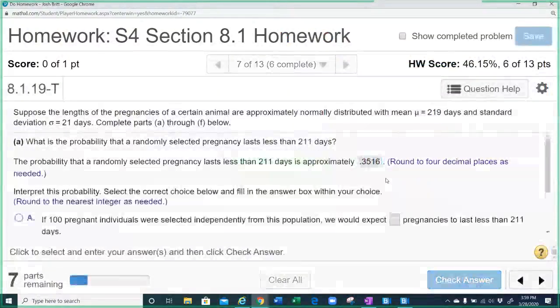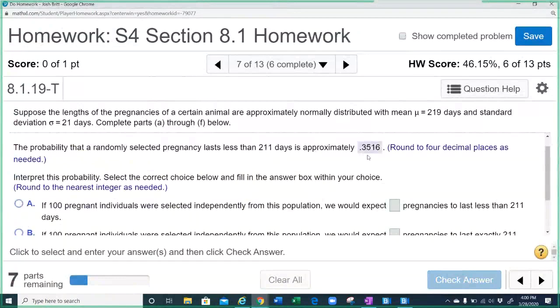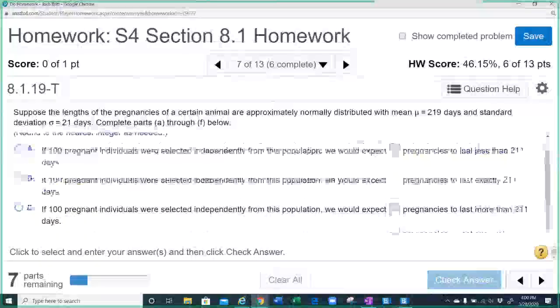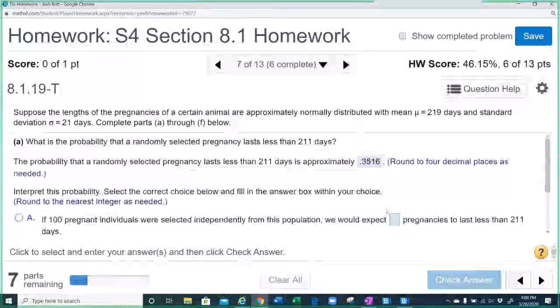All right, now interpret this probability. That basically means that 35 out of every 100 pregnancies will last less than 211 days. So look for the one that says less than, and out of 100 we would expect about 35.